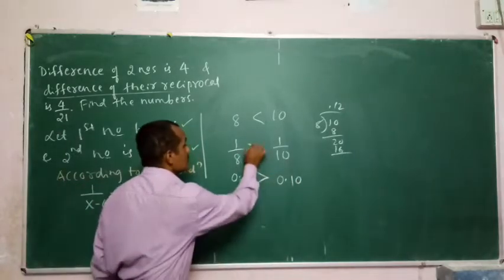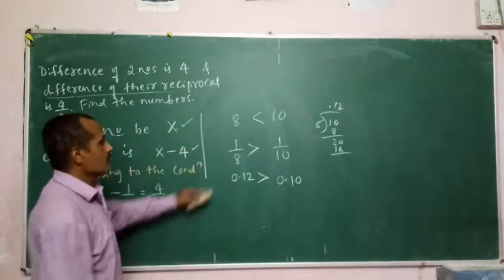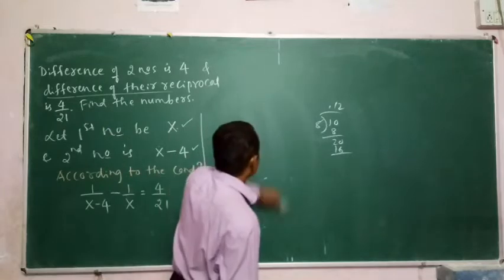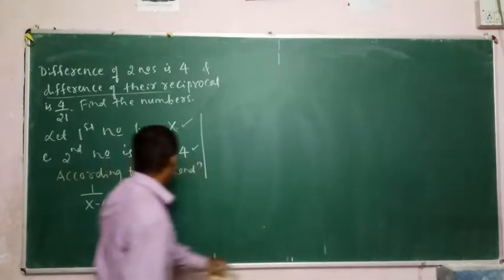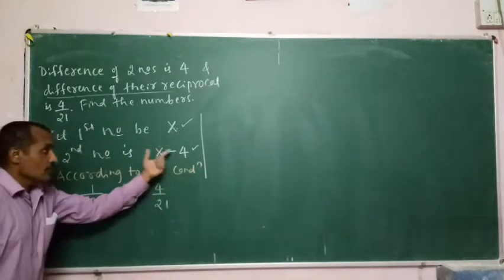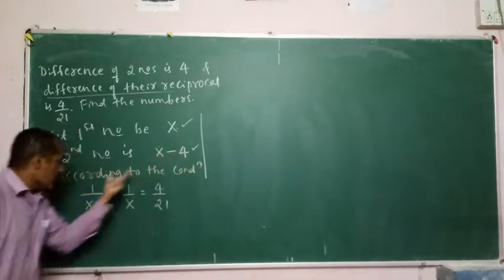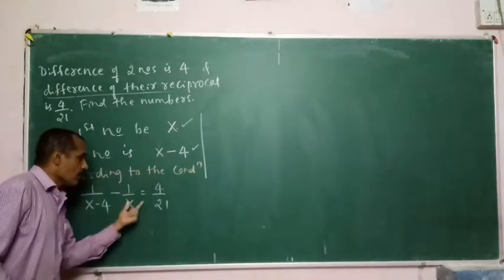This is greater. This is the way you can say that. This value, of course, is smaller; its reciprocal is bigger. This one is bigger, so its reciprocal is smaller.